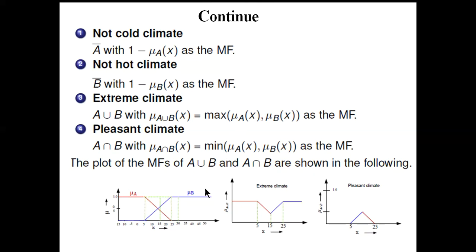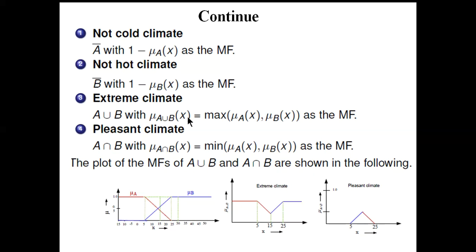If you want to find the extreme climate, that means too much hot or too much cold. So we want to find the region where the value of mu A and mu B is maximum. If we take the maximum, or union, of A and B, that defines the extreme climate.